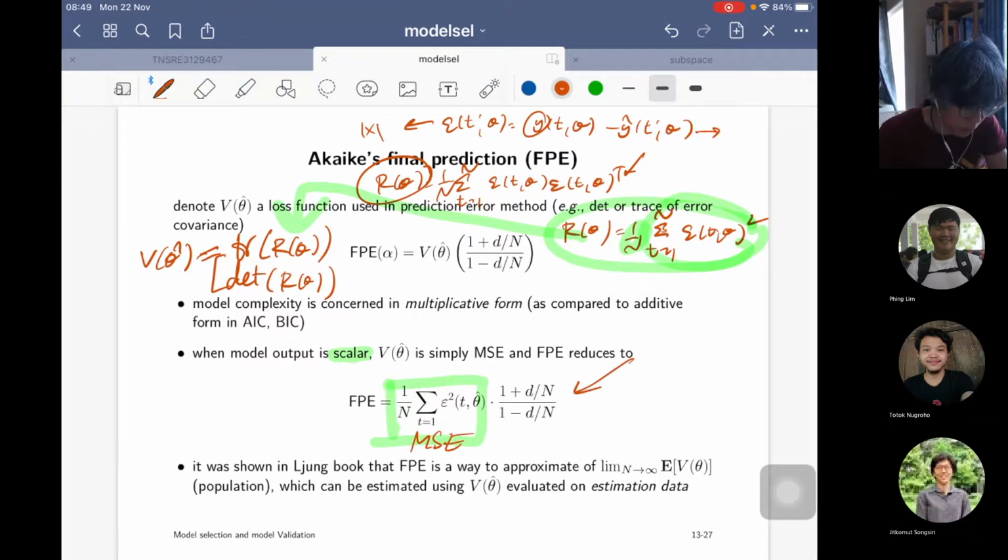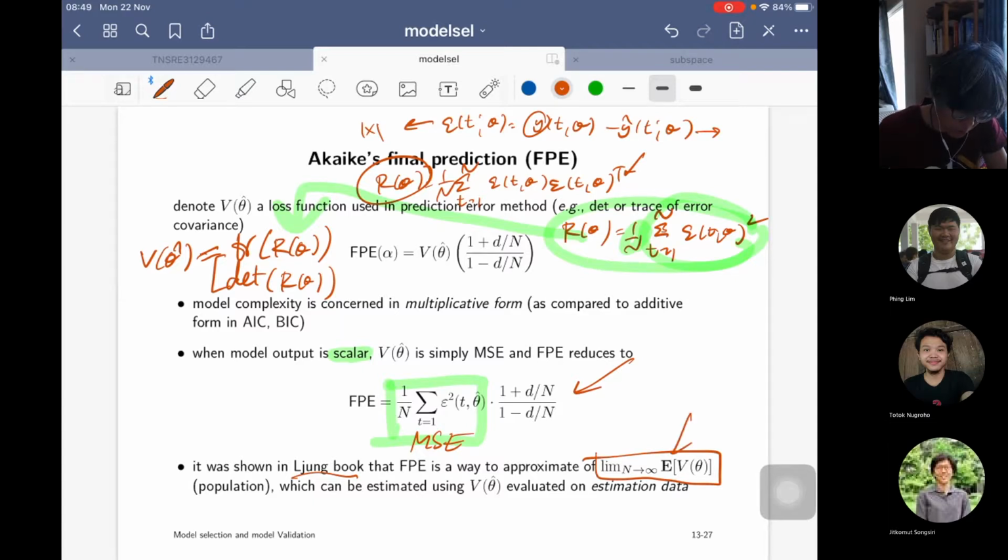The meaning of FPE, the final prediction error, is that in the Ljung book, the system identification textbook, this score is a way to approximate the limit of the expected value of the loss function.